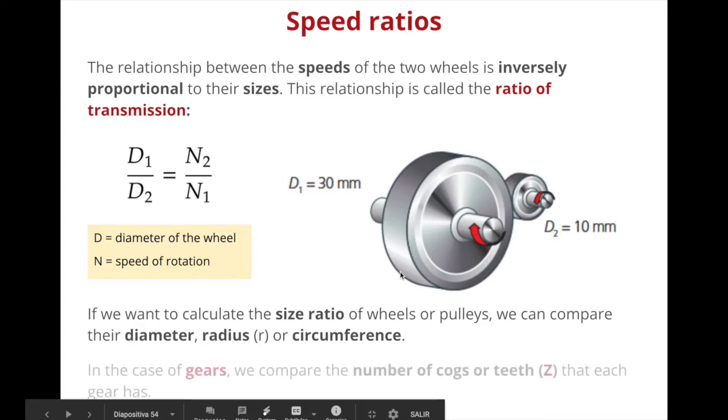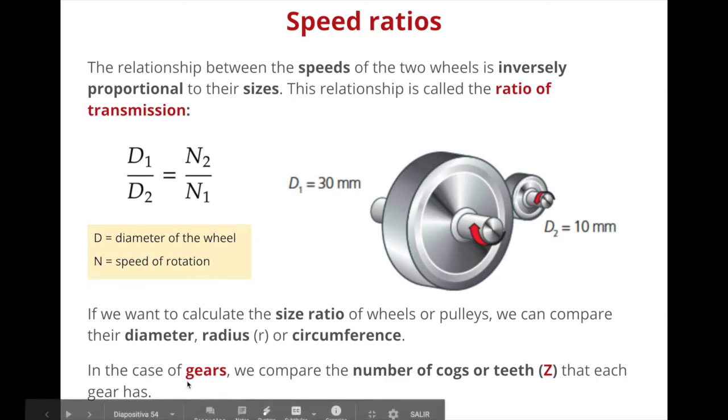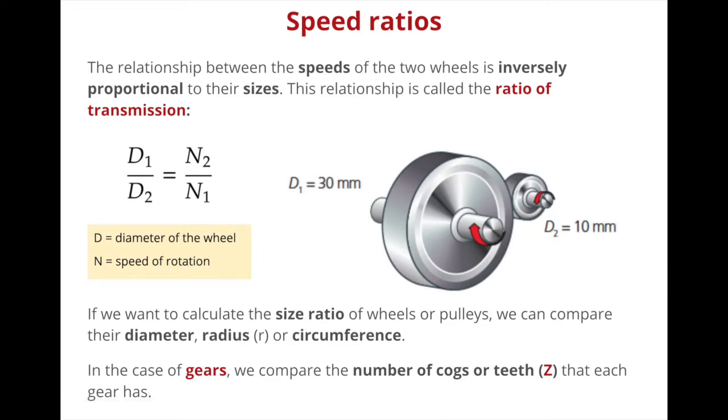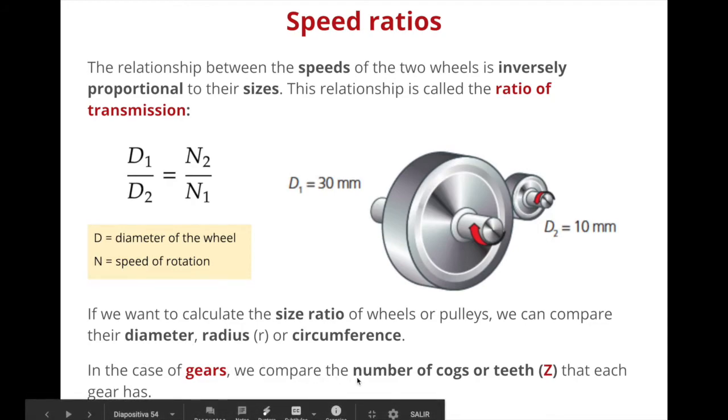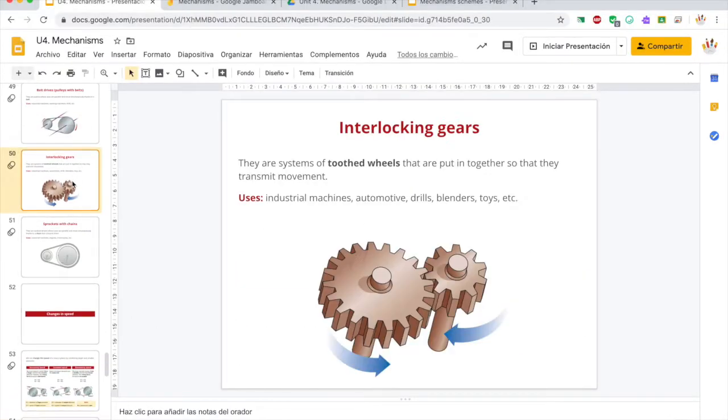Okay. What happens if we are solving gear problems? Gear. Do you remember what a gear is? The one that has teeth? Well, I'm going to show you right now. In this case, we compare the number of cogs or teeth that the gear has. So I'm going to show you the gear so you remember it.